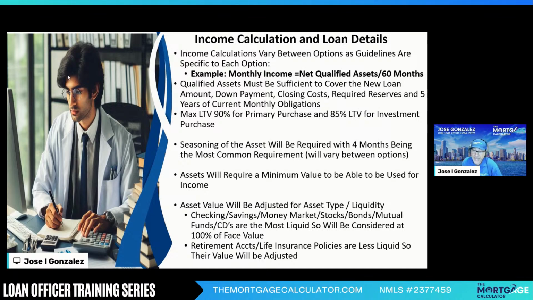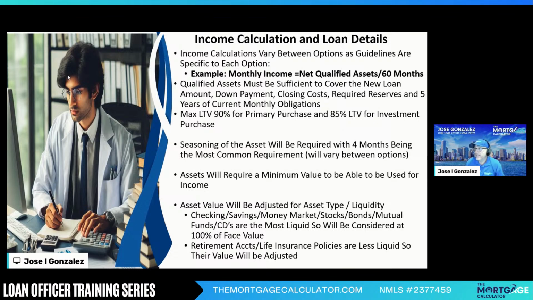Now, some say 84 or whatever they may say. So that's the first thing you have to look at there, right? How many months we're going to divide the net qualified assets by. Obviously, the lower the number, the higher the income. So if we're dividing by 48, we're going to have a higher income. If the number instead of 60 is 72 or 84, then our income amount is going to be lower.